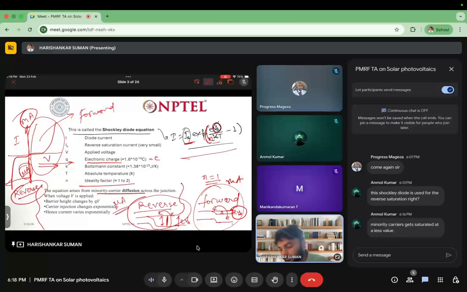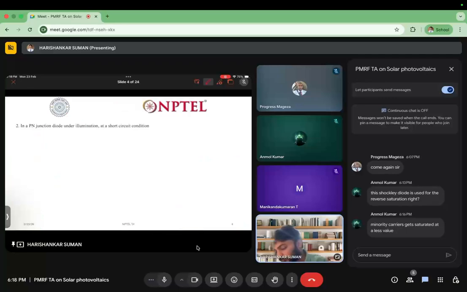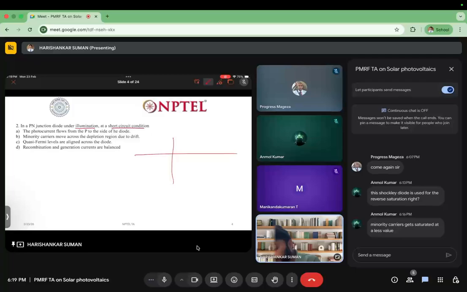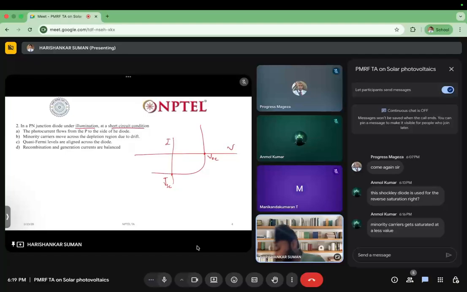Okay, let's move. This is your next question. In a PN junction diode under illumination at a short circuit current condition, which option is correct according to you?